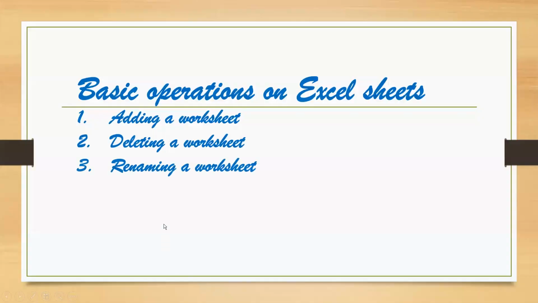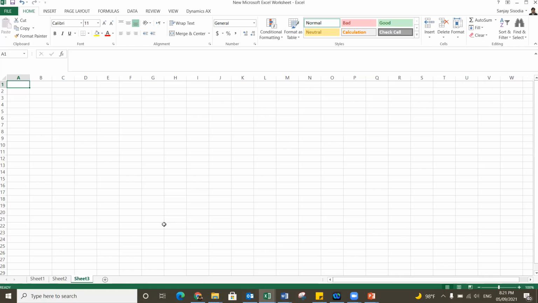Now, renaming a worksheet. At times, you may want to give a specific name to your worksheet so that you can easily identify what data you have saved on it. So I want to change the name of sheet 1 to students. I want to rename worksheet 2 as courses.